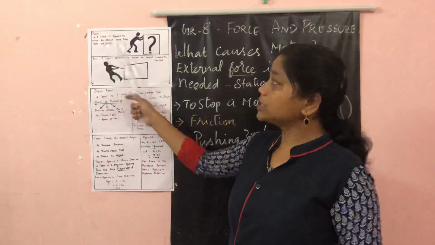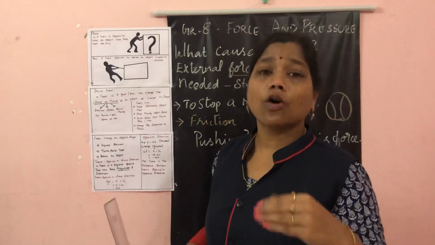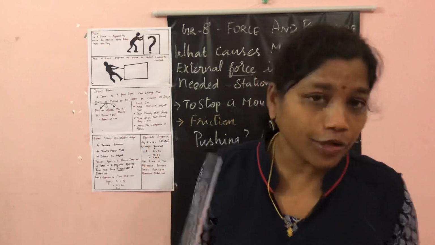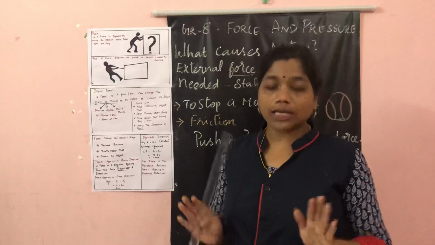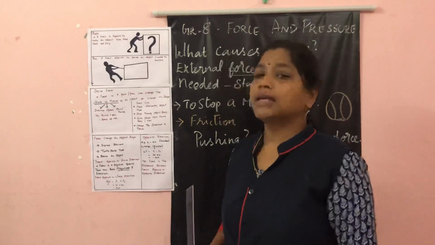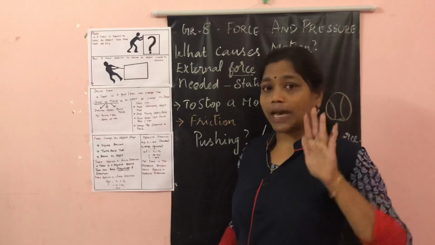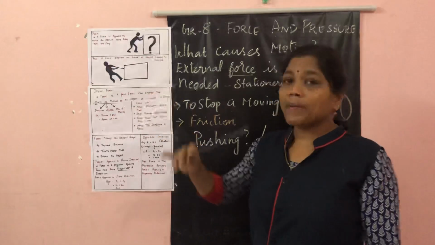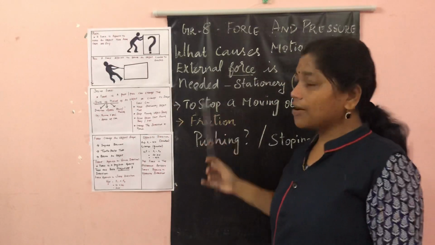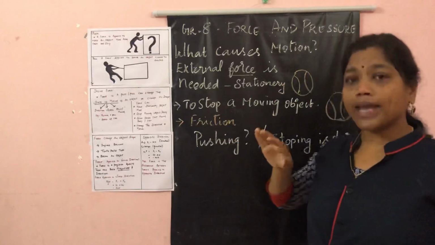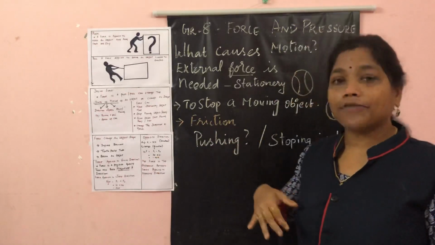A force is applied to make an object move away from oneself. I'm going to give a force in order to move this box away from me. That is a push. I'm giving a push. A force is applied in order to make an object move away from oneself.